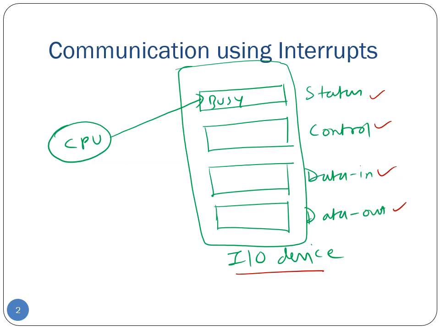When the device becomes available, the CPU will set up the device to execute its intended task, the read task or the write task, by setting up these other registers as appropriate and as necessary. And when the device is set up, it starts working on the read or write task. And in the meantime, the CPU keeps waiting again on this status register to detect when the request has finished.